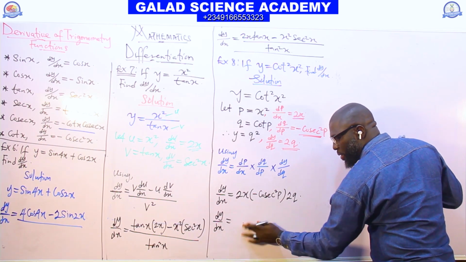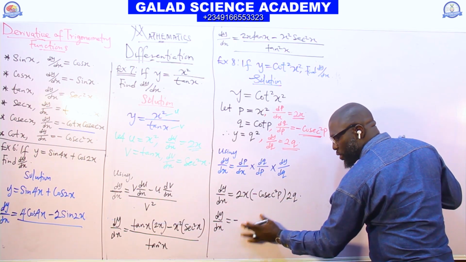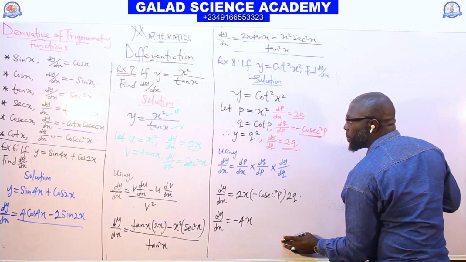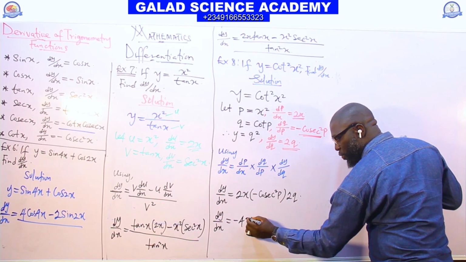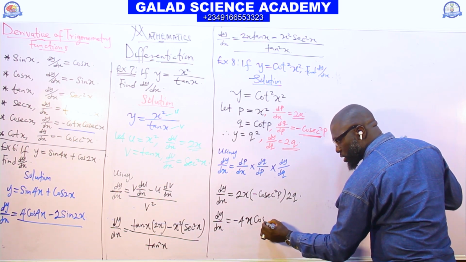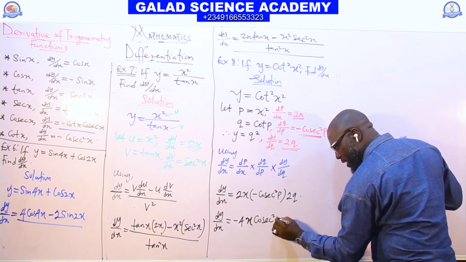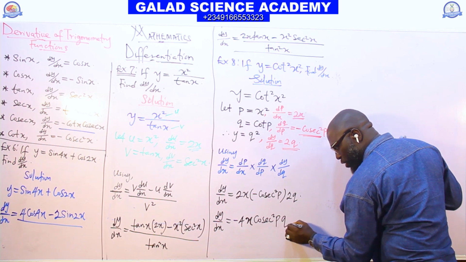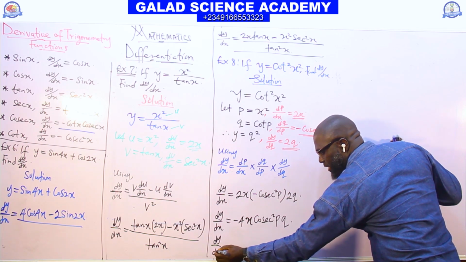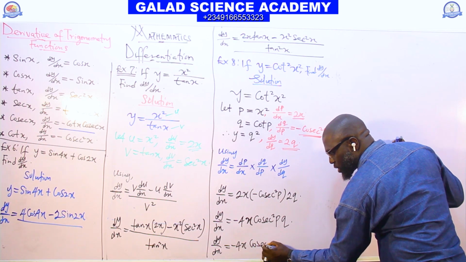No, this minus will come in front. 2 times 2, we have minus 4x, minus 4x cosec square P, then we have Q. So let us substitute for P and Q.